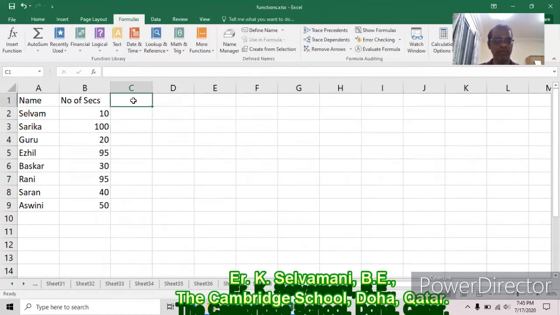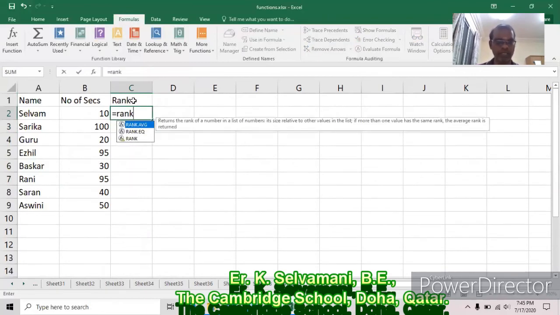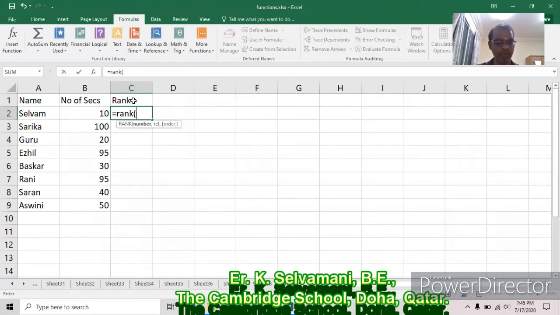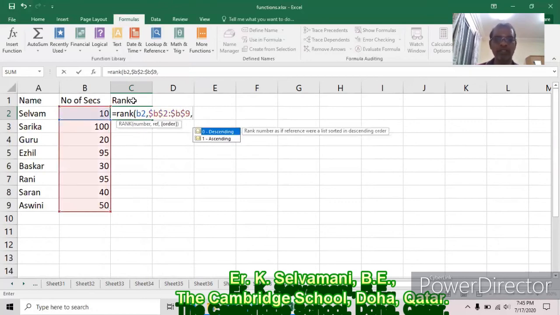Okay, so we can get rank equal to rank of B2, comma, again we need dollar here, $B $2 colon $B $9, comma. If we want to go for ascending order, you have to put 1. I need ascending order. Smallest value should be first, largest value should be last.